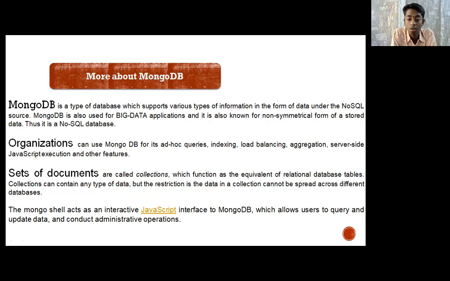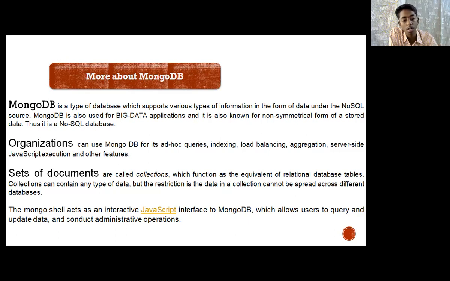The Mongo shell acts as an interactive JavaScript interface to MongoDB, which allows users to query and update data. As we all know, in Python script mode we can change anything in the code, because in interactive mode we cannot change it, as it is a runtime compiler. So in Python script mode, we can change or update anything in the code.